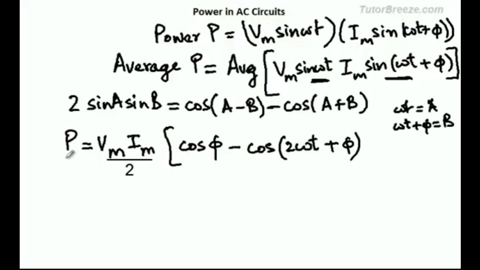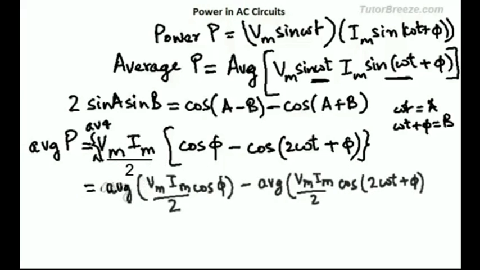So what we are looking at is the average power, which means the average of this entire term that we've got here. What we need is the average of the first term, Vm Im cos phi, minus the average of the second term, cos(2 omega t plus phi).